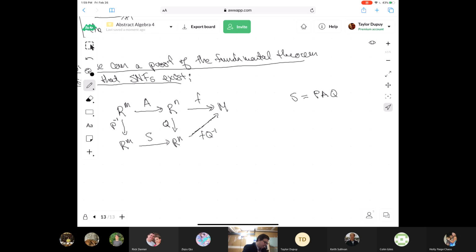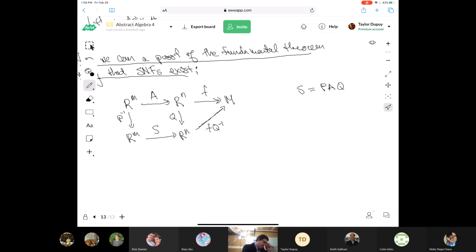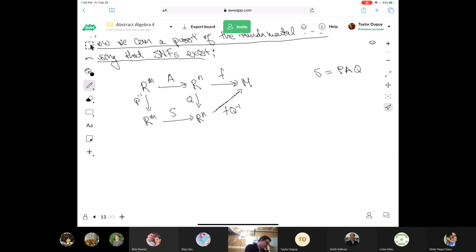So we have this situation where we have the Smith normal form. This sequence is still exact. That means that M is isomorphic to R to the N modulo the image of S. Let's figure out what the image of S is.